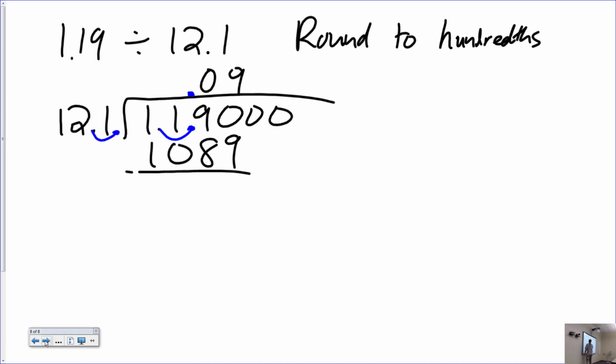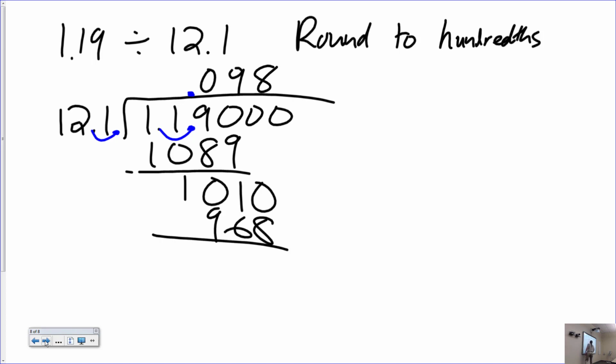Subtract. You get 1 free 0 down here. We have to go 1 more place. We're already at the hundredths, but we need to go 1 further. What is this? 8. 8, 6, 9. Note, you don't need to go any further. Technically, what does this round to the nearest hundredth? Okay, good. So this is approximately 0.10.